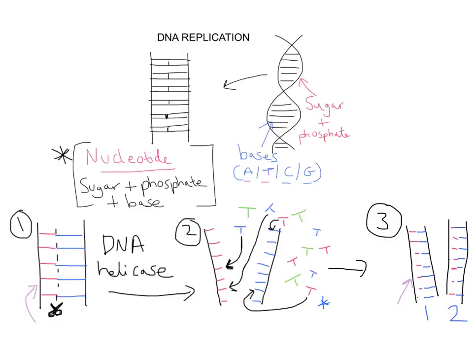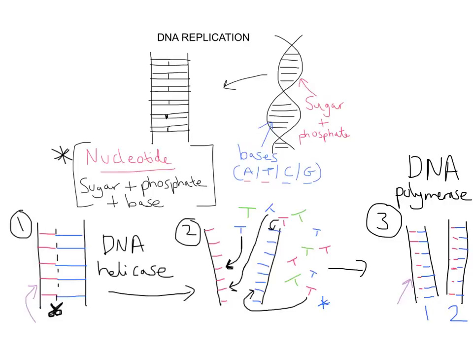There is another enzyme, and that enzyme is called DNA polymerase, and it actually attaches those nucleotides. So students certainly get asked about DNA helicase, the enzyme that unwinds that DNA strand, but here's an extra one to note.